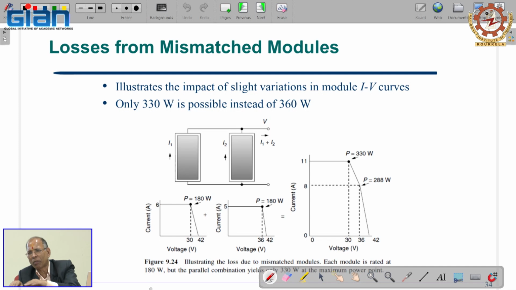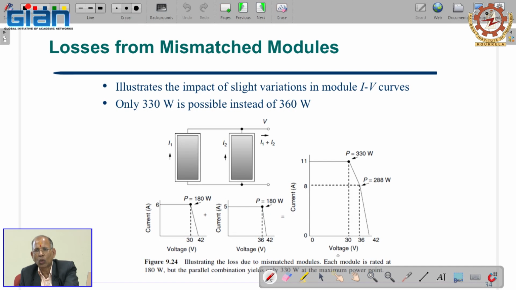If you have the power matching, but voltage and current different, it is called mismatching. So here you can see that both PV panels are 180 watt. So theoretically, you think that 180 plus 180 connected in parallel should give you 360. Okay, but when you connect them in parallel.